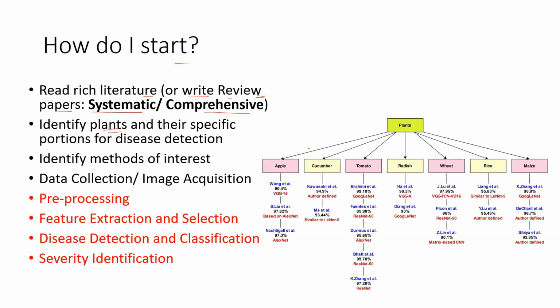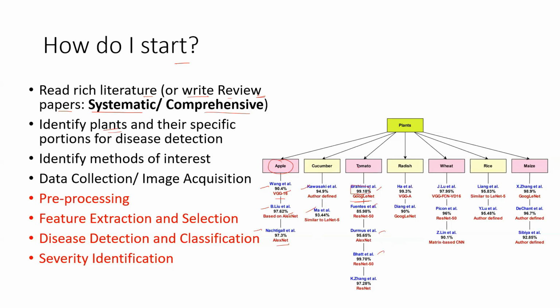For example, you can see this is done by us in Apple. These three authors discussed accuracy, like 90.4 accuracy, 97 with AlexNet, 90 by VGG, 97 by AlexNet also. Such comparison you can have. Cucumber has only 2. In the case of tomato, many researchers are working, and already they report 99.18 accuracy with GoogleNet, maybe on ImageNet data.